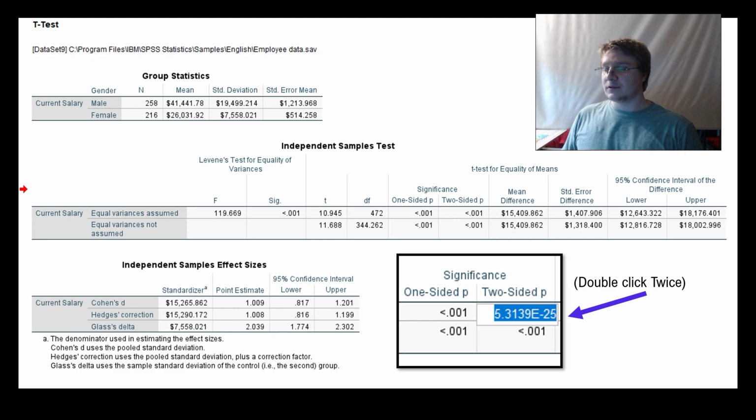Okay, so that does indicate something. That means there are more outliers.